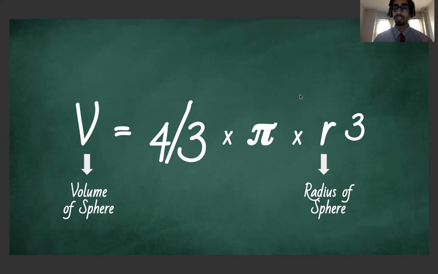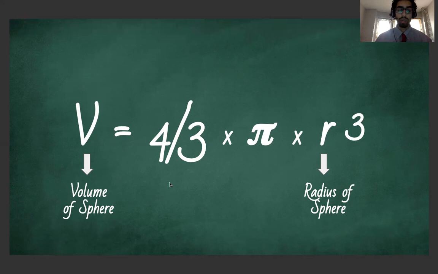I highly suggest that you go ahead and grab a piece of paper to write this formula down on, as well as a calculator, because we will be using a calculator throughout a lot of the problems that we will be solving today. So in order to find the volume of a sphere, you're going to do 4/3, the fraction, multiplied by pi, multiplied by r, which is the radius of the sphere, to the power of 3, or r cubed.